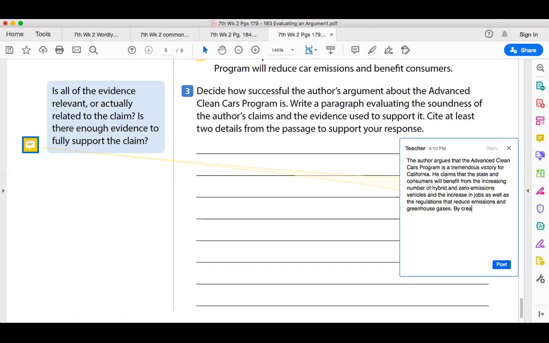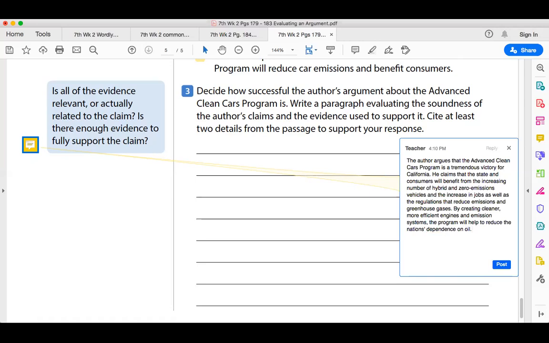By creating cleaner, more efficient engines and emissions systems, the program will help to reduce the nation's dependence on oil.